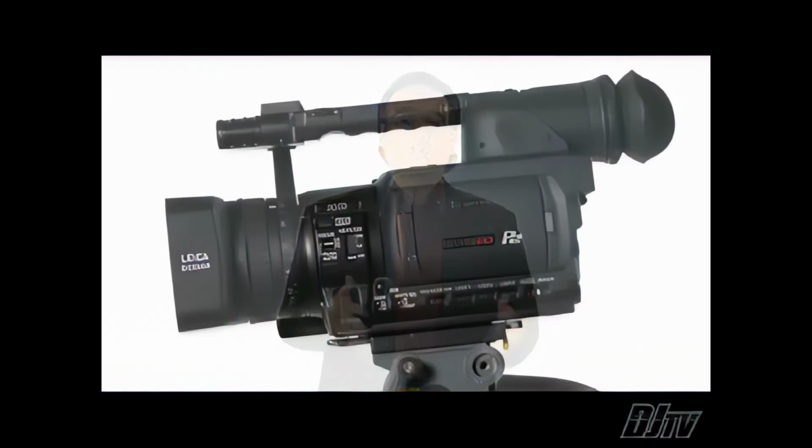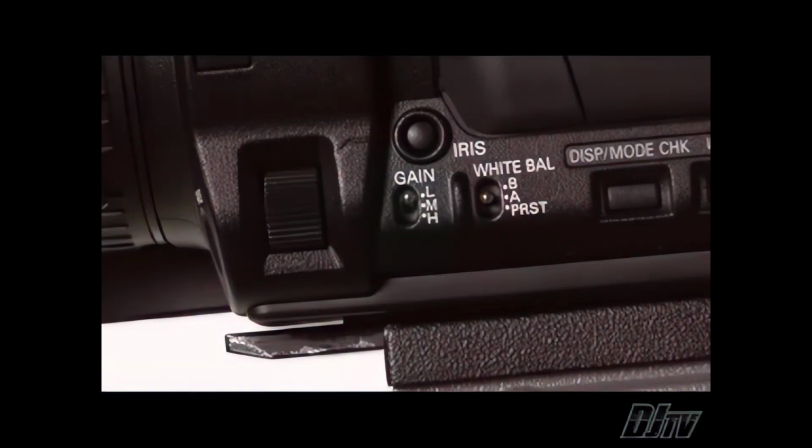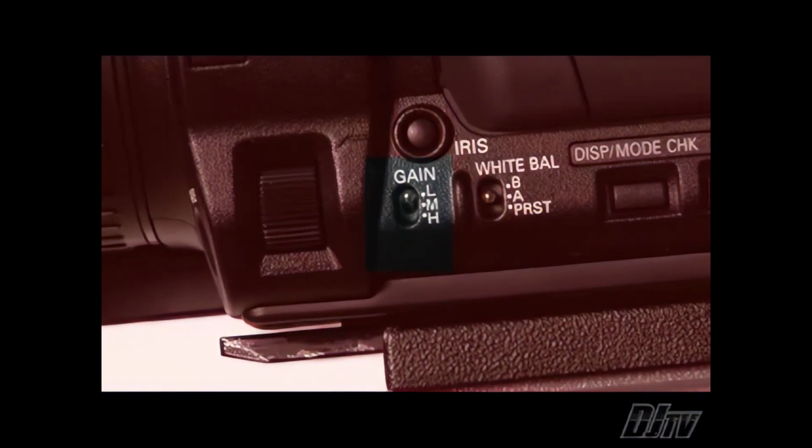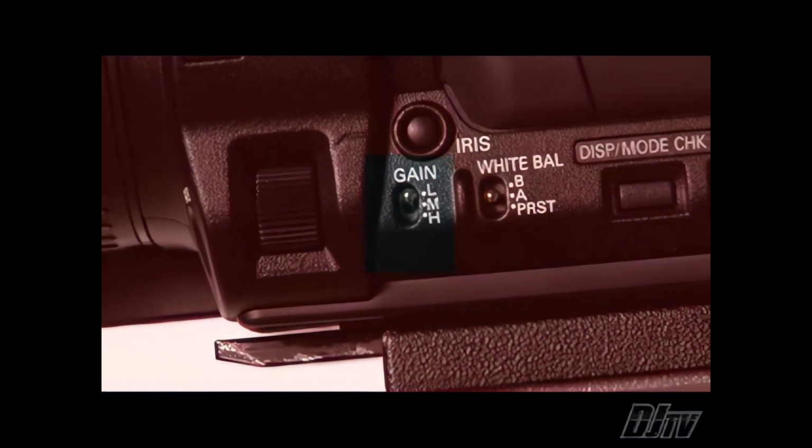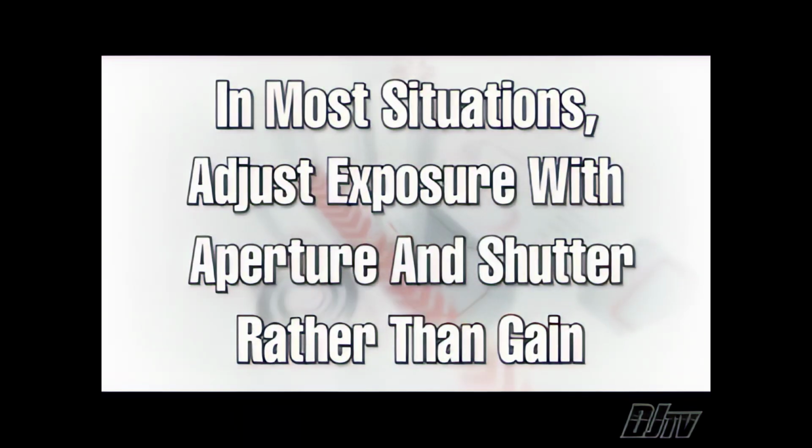Increasing the sensitivity can increase the amount of electronic noise, however. Professional camcorders have gain controls to vary the sensitivity of the chip and thus the level of the noise. In most situations, you'd want to leave the gain at 0 dB and control the exposure with the aperture and shutter.